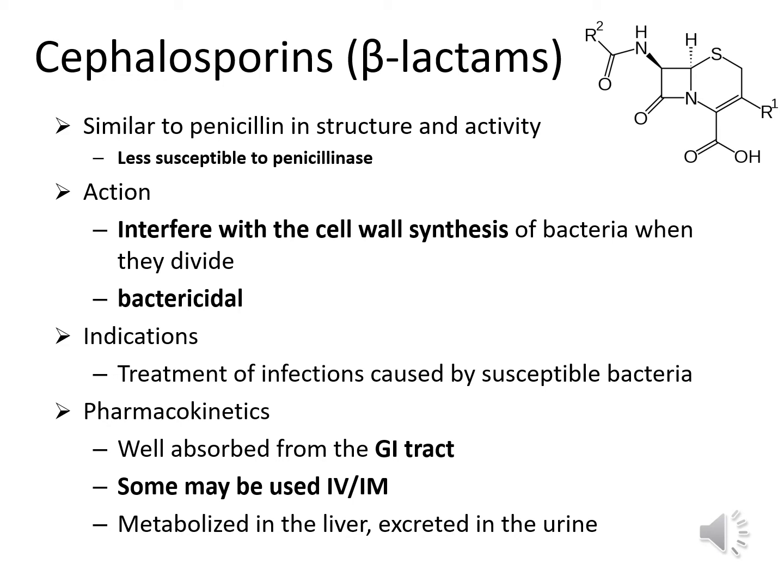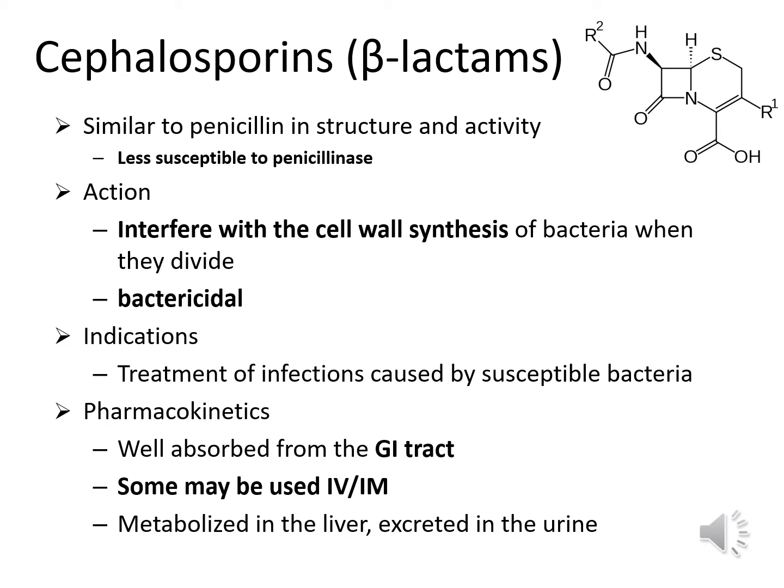The indications are treatment of infections of susceptible bacteria, and I don't list those at this point because there are different generations with many different susceptibility patterns. We go from broad spectrum to very narrow spectrum and then back to broad spectrum again. We'll look at those when we deal with the different generations of cephalosporins in a bit.